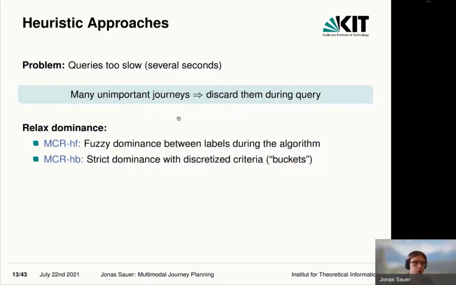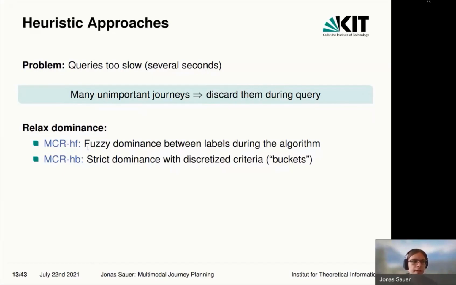One is to relax the dominance rules during the algorithm. And the simplest idea is to take our fuzzy dominance concept and apply it not only after the entire Pareto set has been calculated, but do it between labels during the algorithm. So each time we merge labels into the Pareto set of a vertex, we apply fuzzy dominance there.